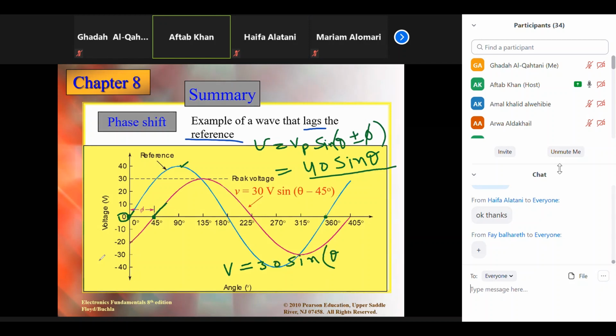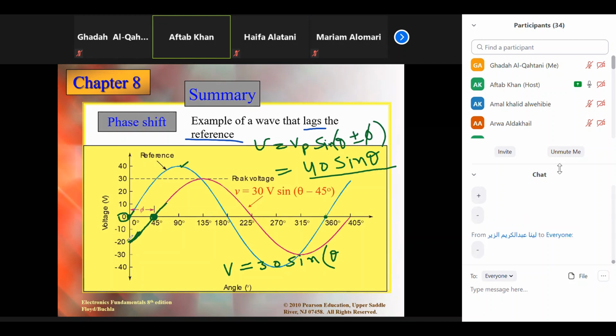Now, we need to check whether it is positive or negative. You see, girls, because it is late, starting lately. Also, it is crossing the negative axis here. See, it is crossing the negative axis, or you can say it is touching the negative voltage. So it is lagging.